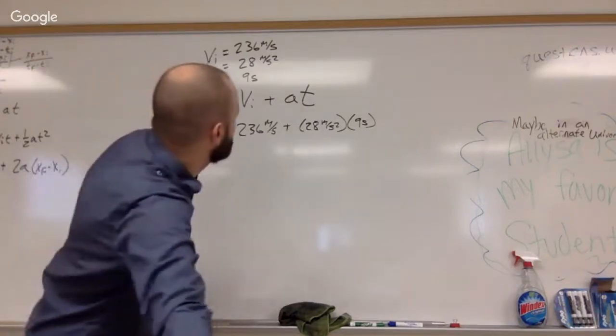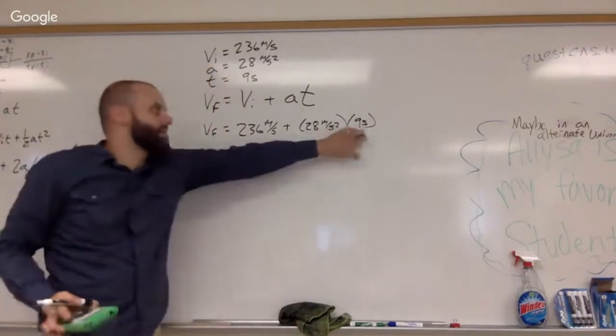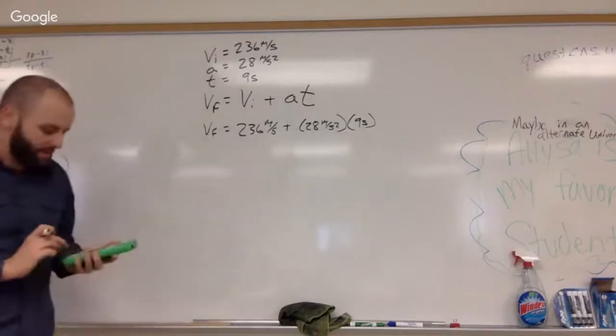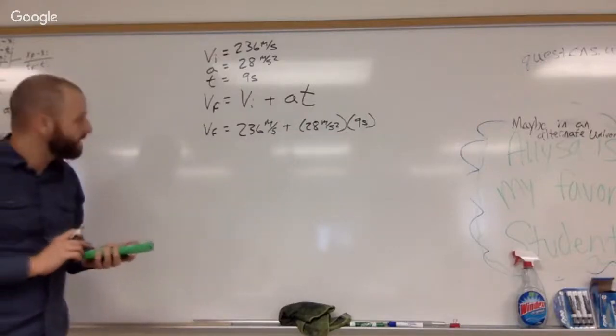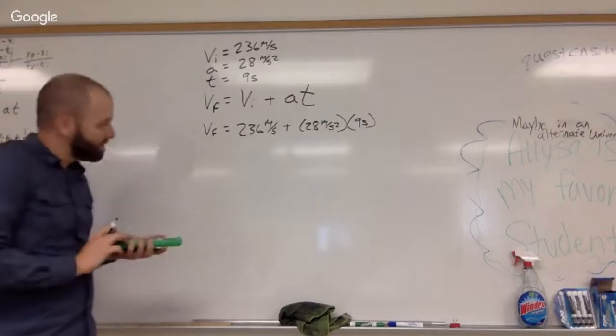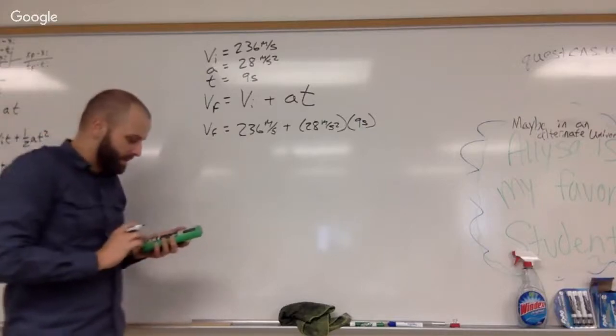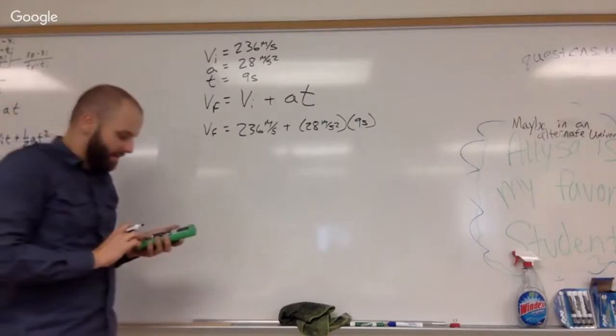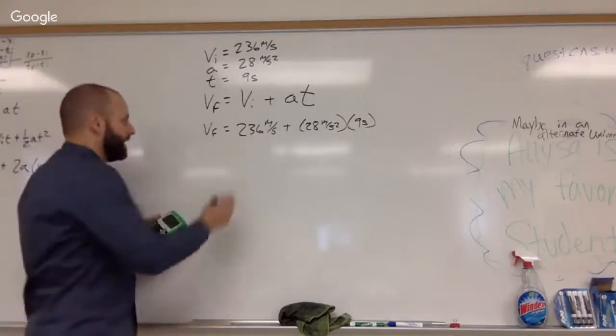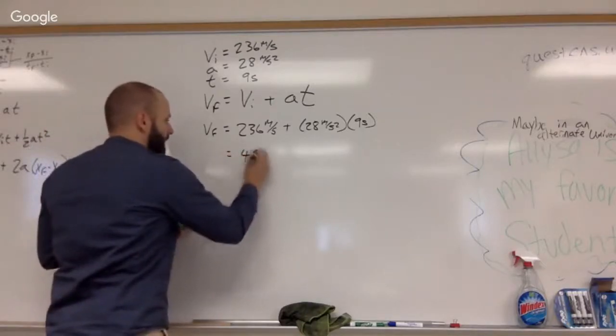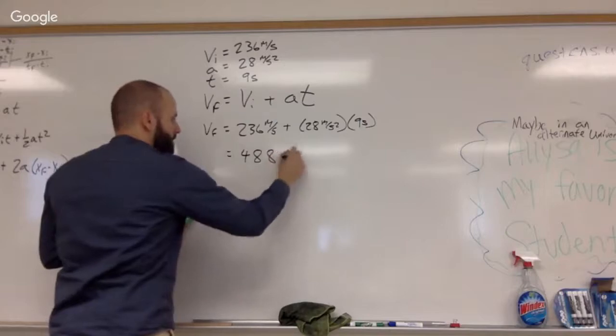I think I said plus earlier, but it's 28 times 9. To get your values, I'm going to go ahead and enter this in: 236 plus 28 times 9. And I get an answer of 488 meters per second.